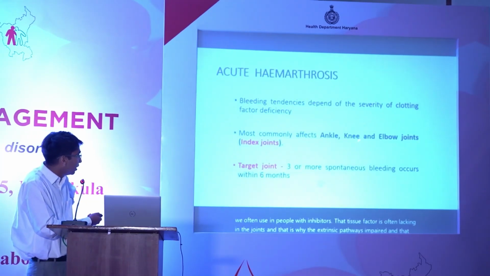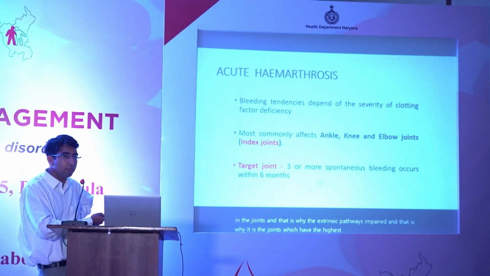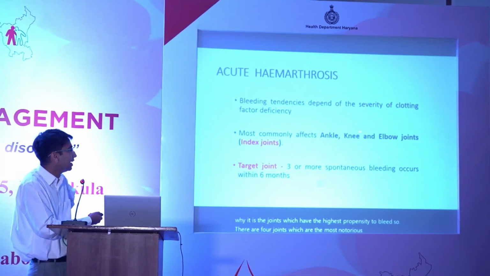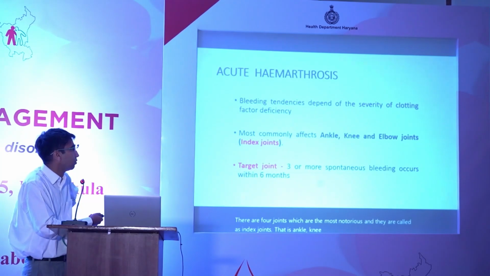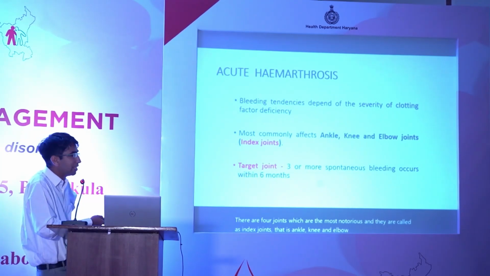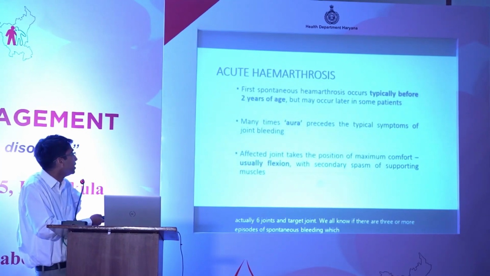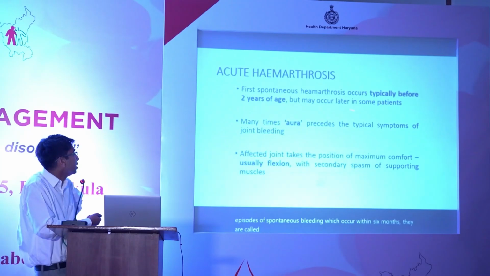There are 4 joints which are the most notorious, and they are called index joints, that is ankle, knee and elbow. I am sorry, not 4, actually 6 joints. And target joint, we all know, if there are 3 or more episodes of spontaneous bleeding which occur within 6 months, they are called target joints. Acute hemarthrosis typically starts before 2 years of age.